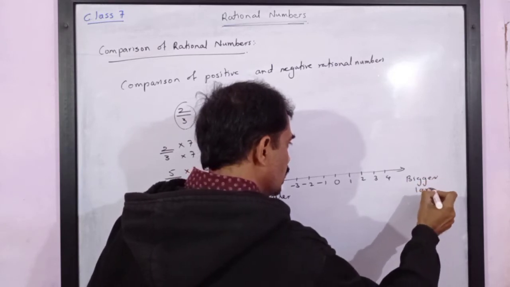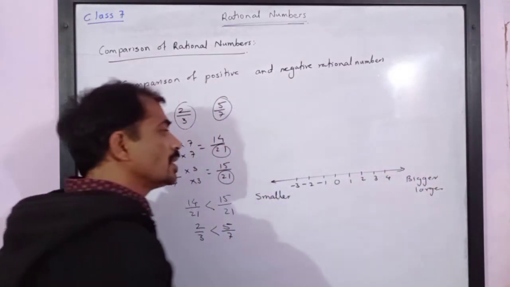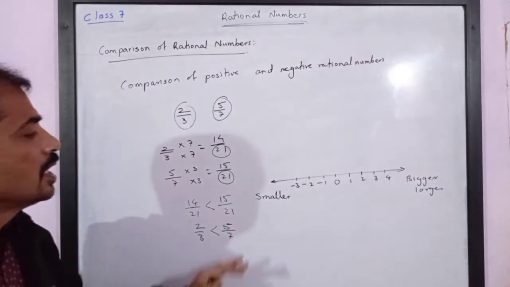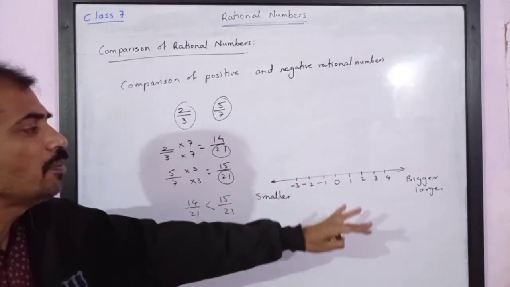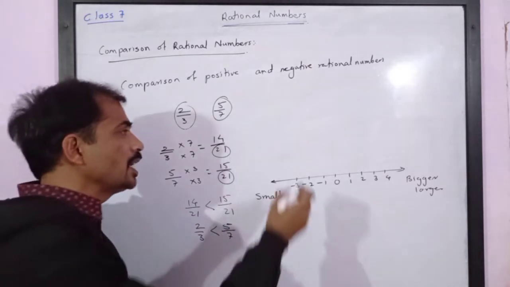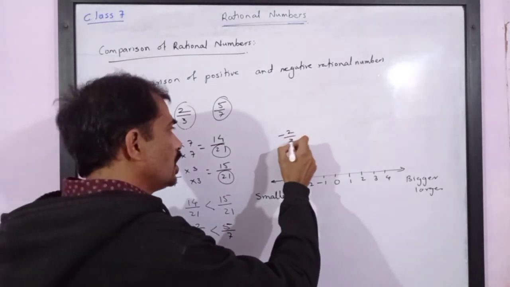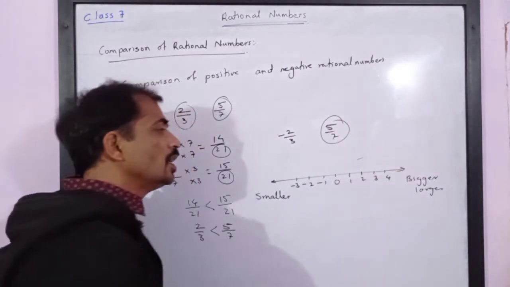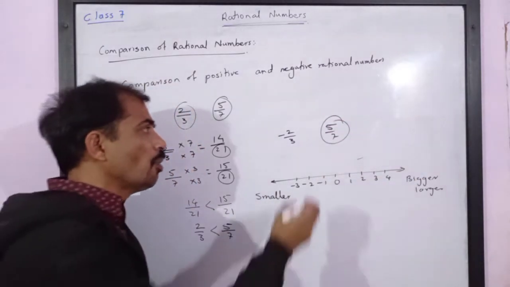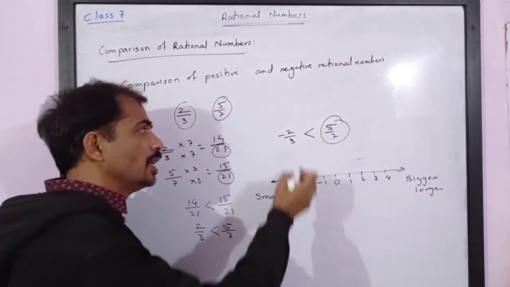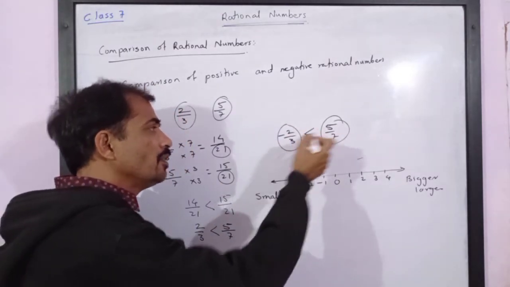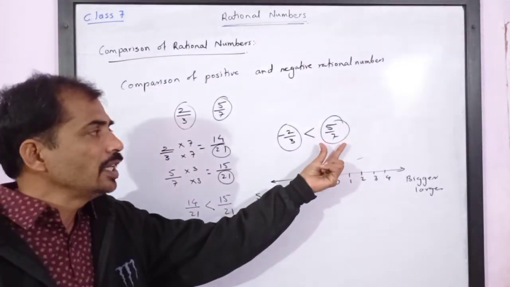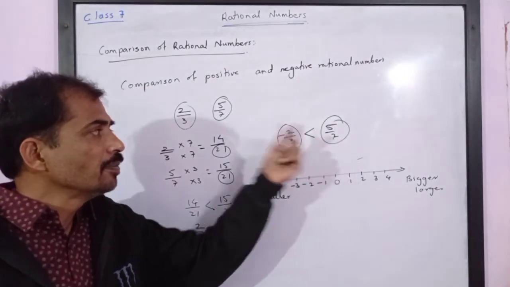So right side numbers are larger and left side numbers are smaller. Now if there is a comparison between negative and positive rational numbers, that is, if you take negative 2 upon 3 and positive 5 upon 7, the positive number will always be to the right-hand side, hence the positive number is always bigger. If there is a comparison between a negative and a positive rational number, then the positive rational number is always bigger.